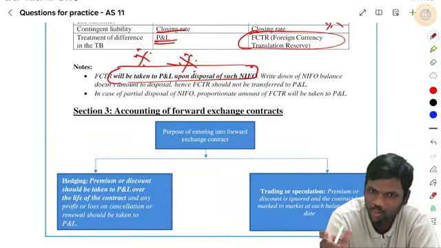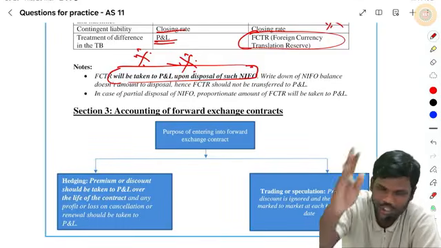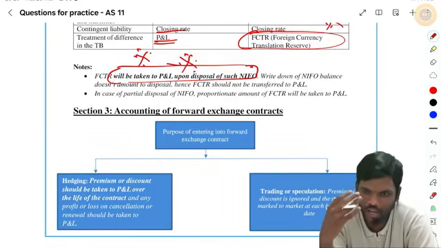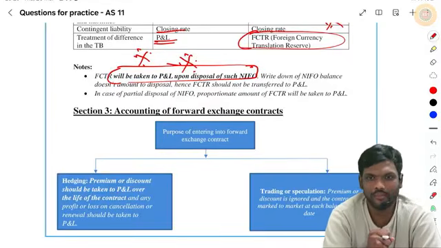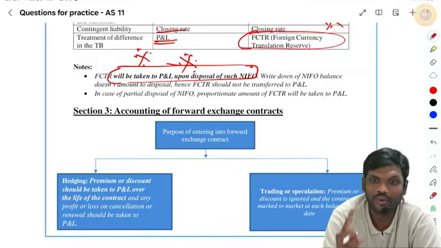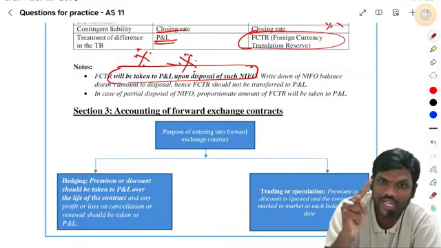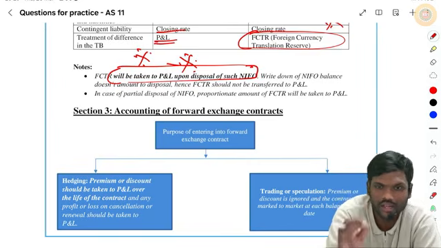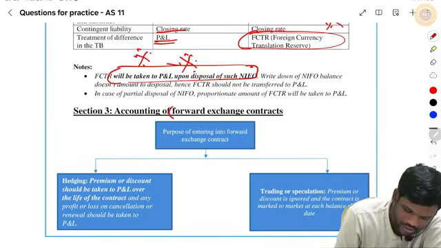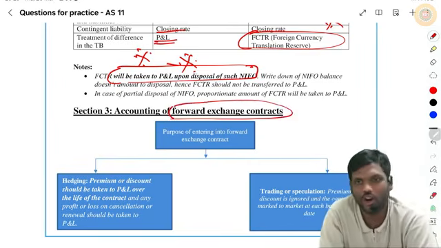In that contract they write that in future, either I will sell you foreign currency or I will buy foreign currency from you, and you have to tell me what exchange rate you are going to use today itself. That type of contract is called a forward exchange contract.